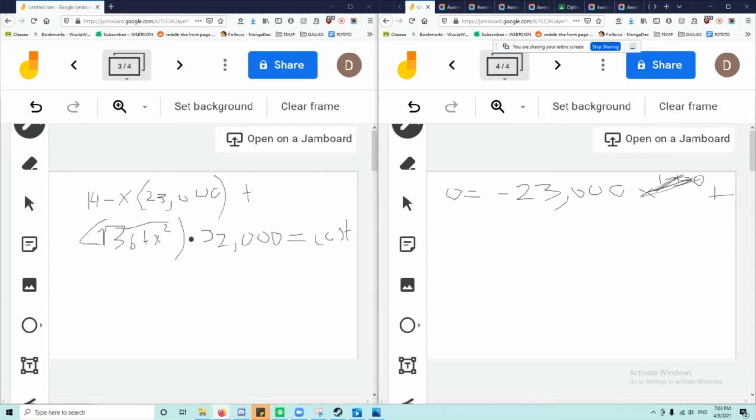As for the bottom, 32,000 multiplied by this, the derivative is, first you put this number down, this is equivalent to 36 plus x squared to the power of 1/2.